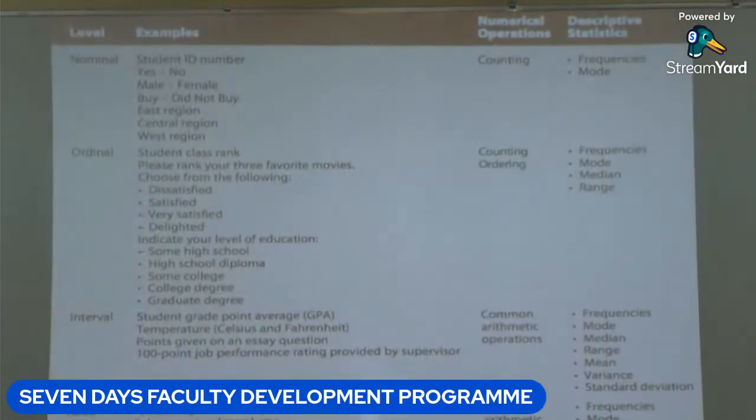The summary is related to the 4 levels, with a few examples, the numerical operations needed to operate with these scales, and the statistical tools, especially descriptive statistics, which are appropriate for these 4 types of scales. Some we have already discussed as examples, and a few are new. Just by reading those examples, probably you will be familiar with them. So this is about the measurement scale.